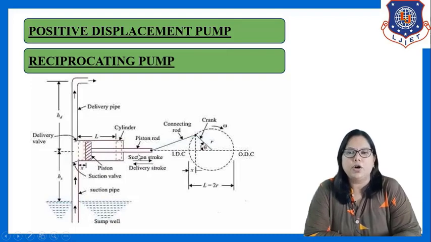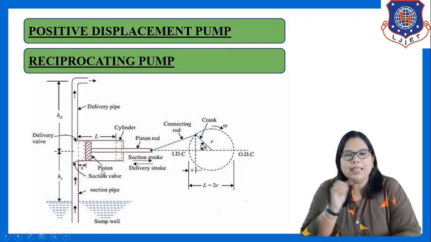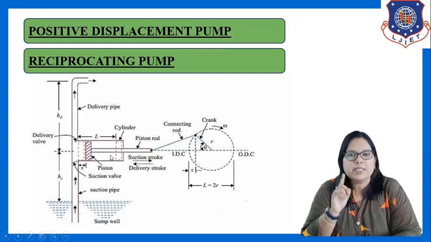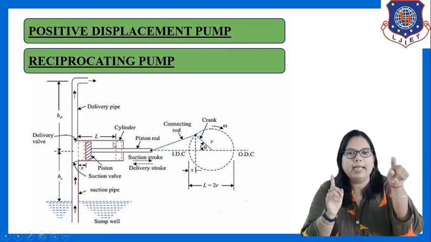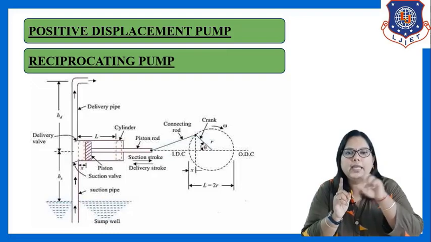This piston rod is connected to crank with the help of connecting rod. I am explaining the construction of reciprocating pump. The main part is the cylinder. In that cylinder, there is a piston which is connected to piston rod. This piston rod is connected to crank with the help of connecting rod.